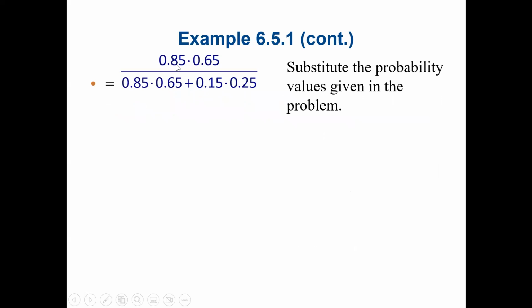We have 0.85 times 0.65 divided by 0.85 times 0.65 plus 0.15 times 0.25. This gives us roughly 94%, or 0.936.